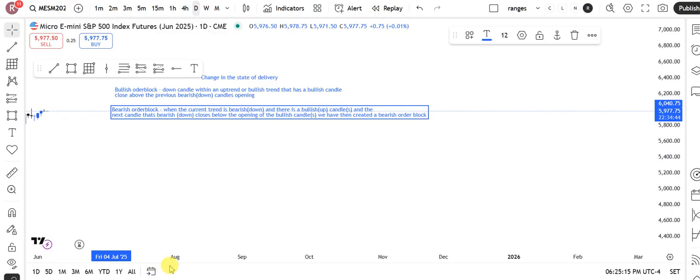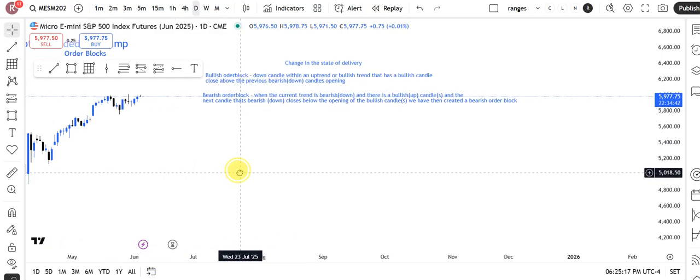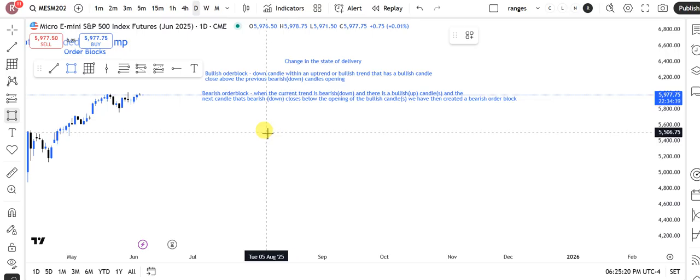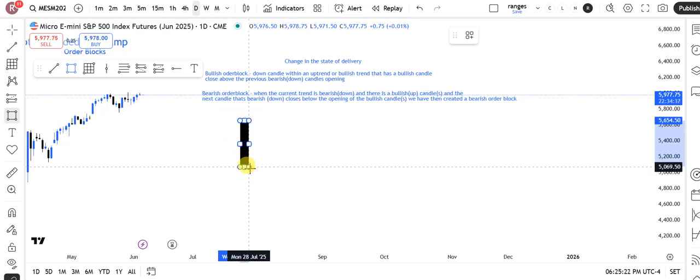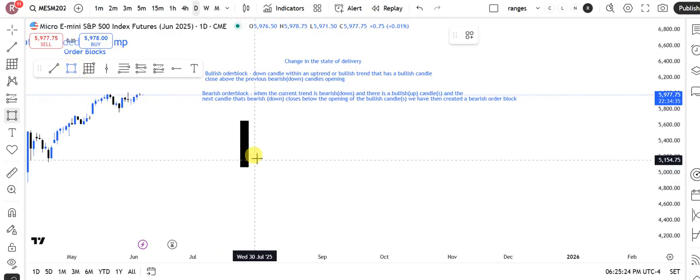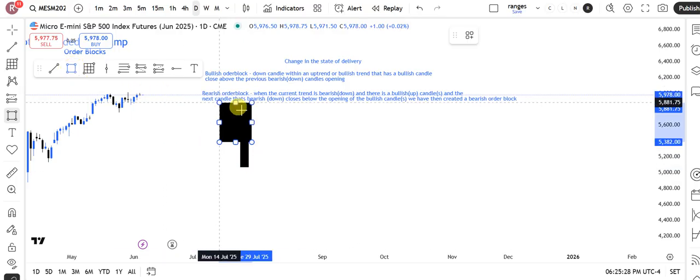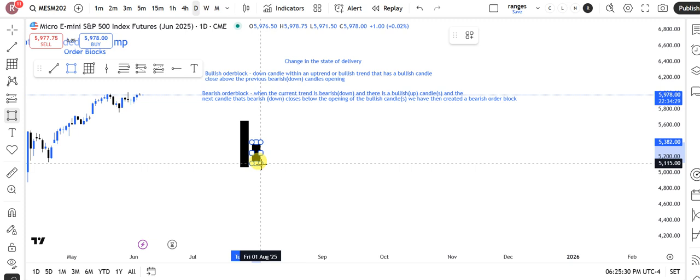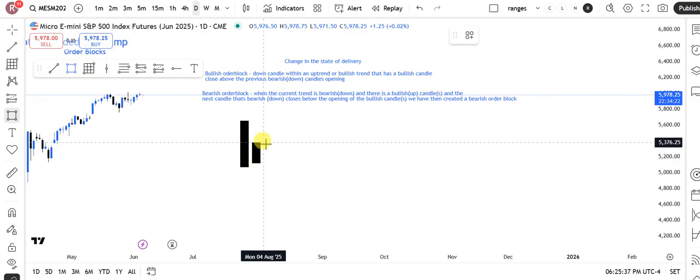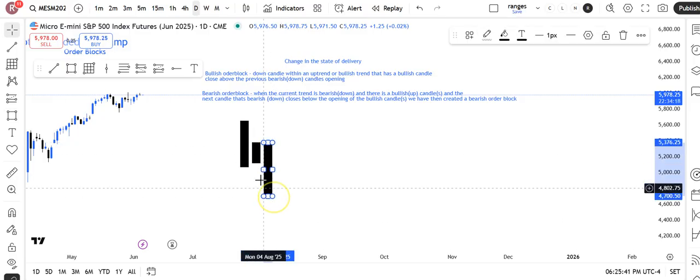So let's go ahead and draw this out real quick. So down, and then we'll say we have an up candle, and then we have another down candle just like that.